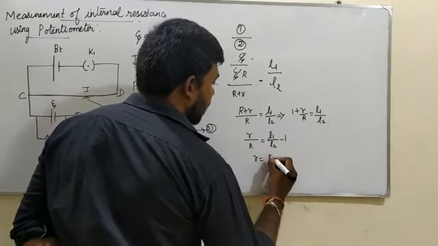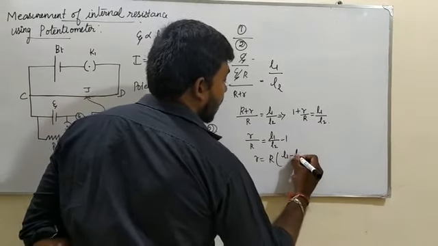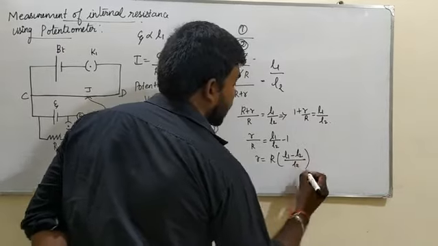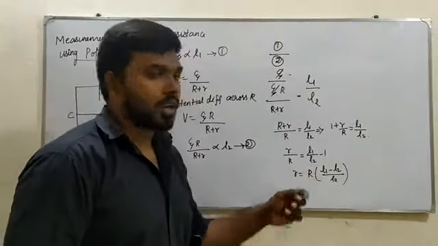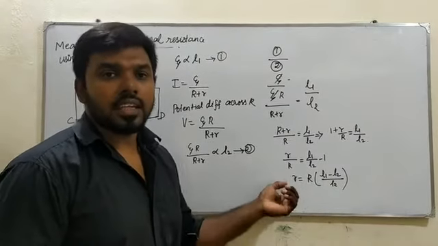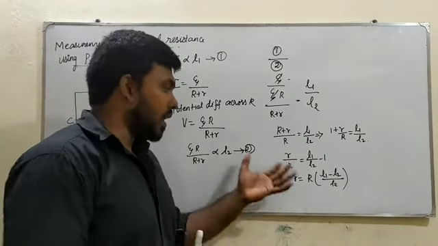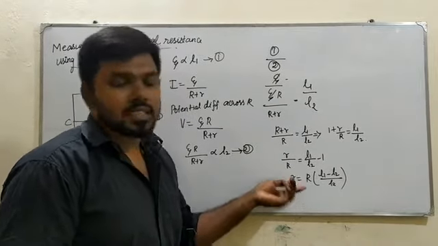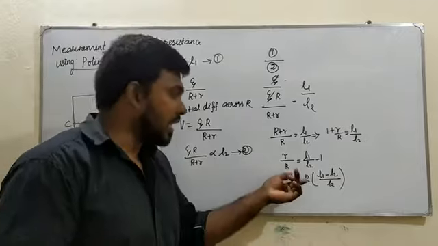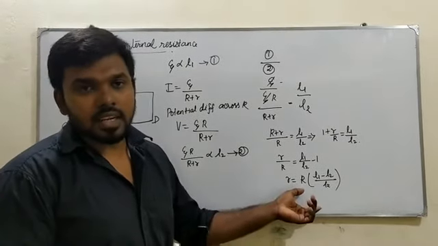So r is equal to R into L1 minus L2 by L2. By the known values of L1, L2 and R, we can find out the internal resistance of the cell. By experiment, it is found that the internal resistance r increases with the increase in the external resistance.